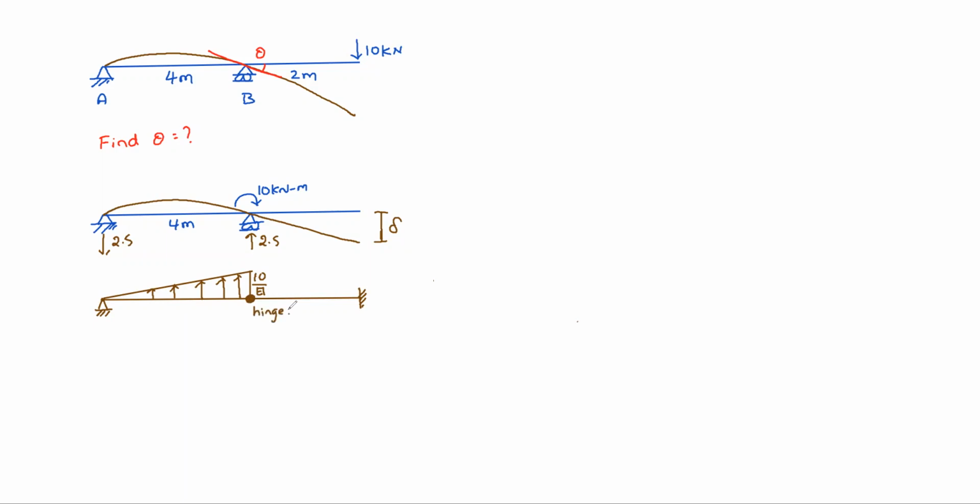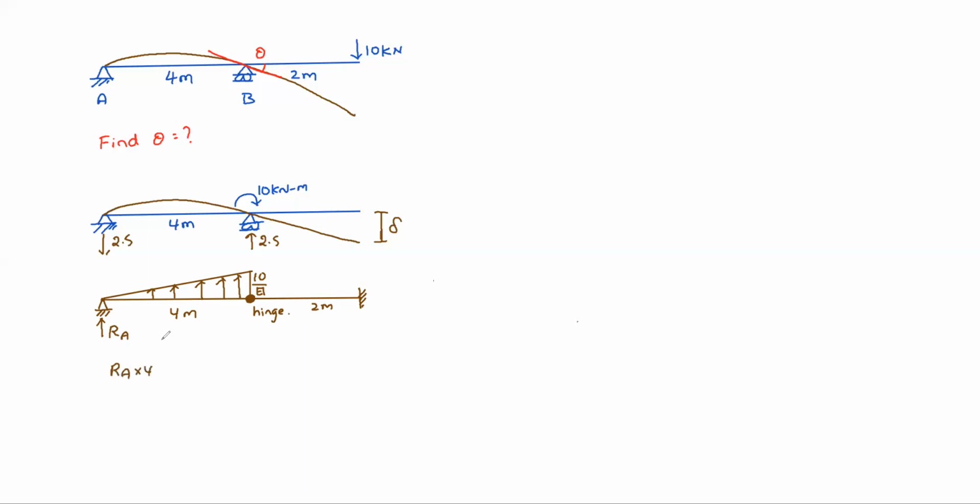Then delta is nothing but bending moment, right? For this, bending moment at a free end. So to find delta, this is 4 meters, this is 2 meters. At hinge, bending moment is 0. So obviously this one reaction we can find, RA. Let us assume it is RA. So RA into 4.